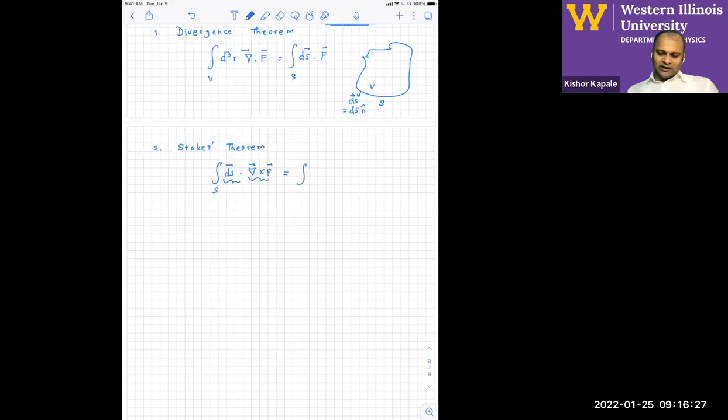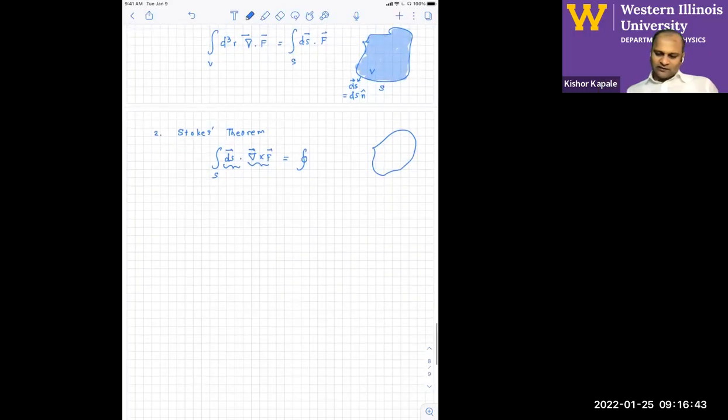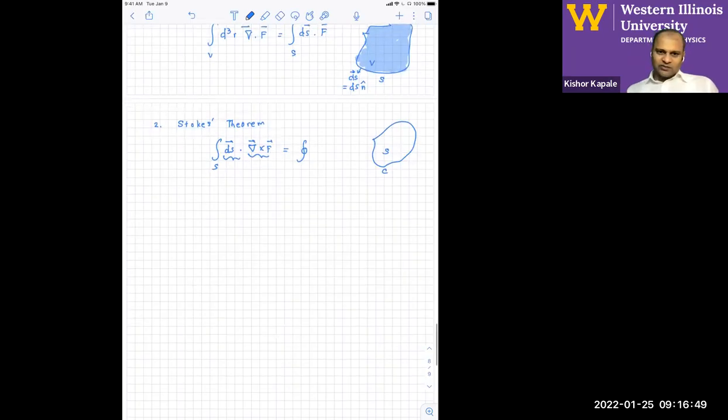So if you have a surface, I should probably shade this. Okay, so that's the surface, and it would have a boundary, a contour. And so this becomes a contour integral along the length of the contour.